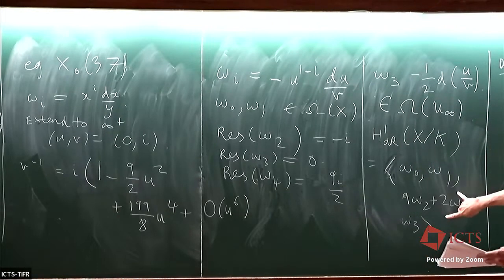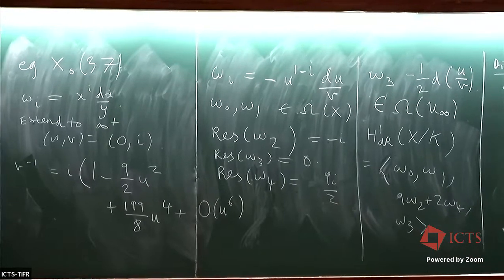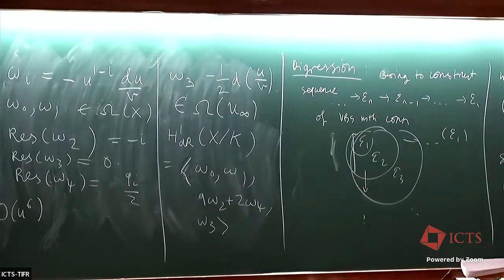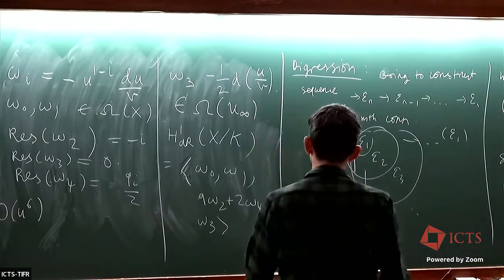And these two will restrict to a basis of H1(X, O_X), which corresponds, to what I was saying yesterday, to the fact that this is a basis of the F1 part of the Hodge filtration. Okay.